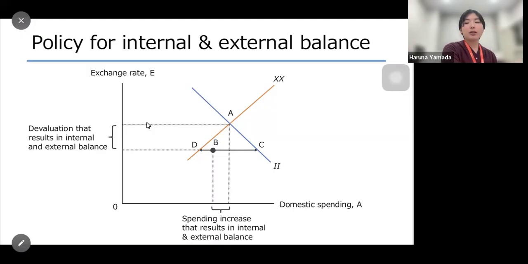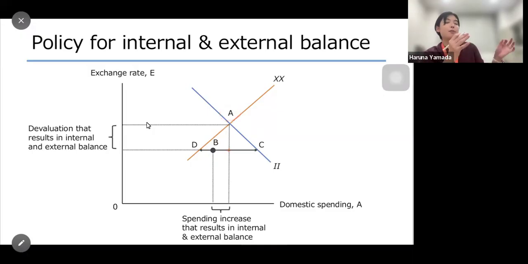The policymakers increase government spending. Then the economy moves to here. At here, the domestic equilibrium is at the same level as point A.